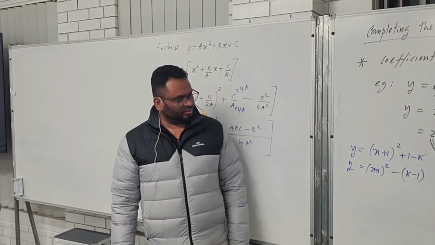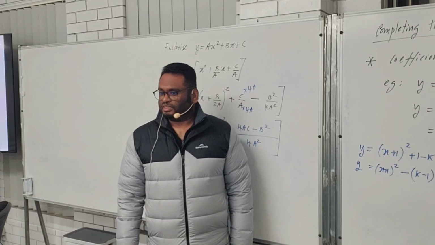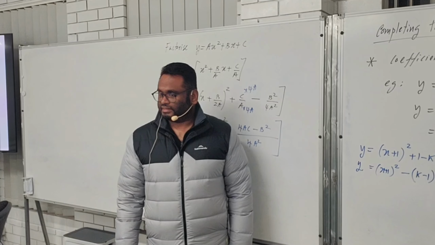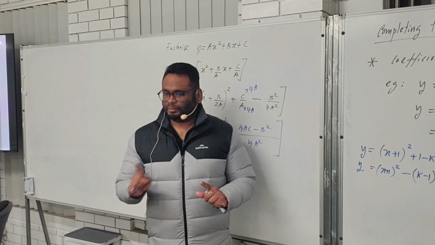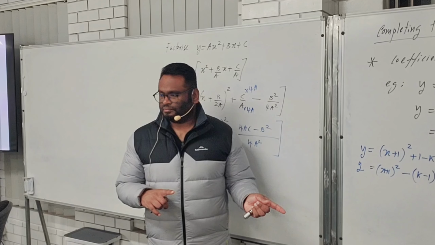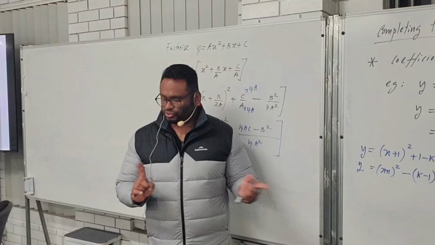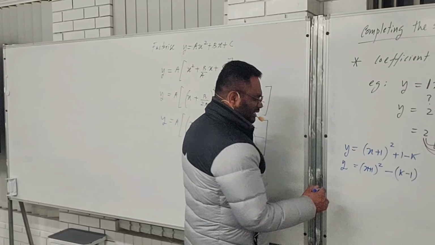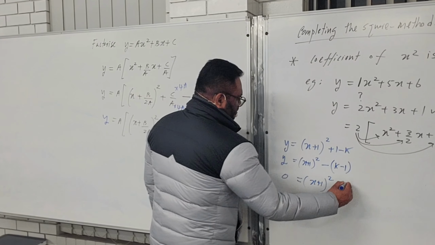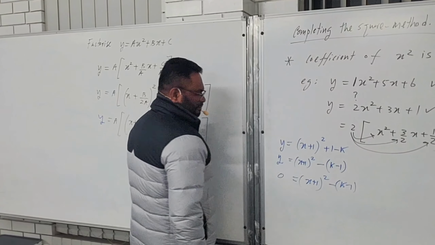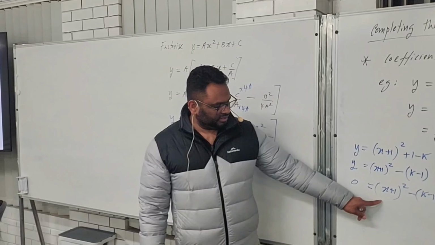Now, why did I make that minus? Because of this reason. You know x-intercepts, right? If you want to find x-intercepts, mathematically, what would be the criteria? Y has to be 0. I will show you those things later. But mathematically, to find x-intercepts, y should be 0. This you can simplify.